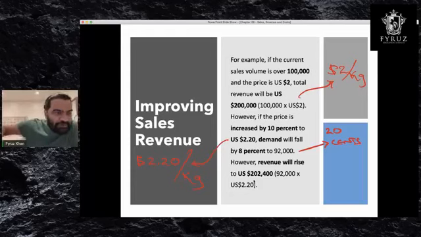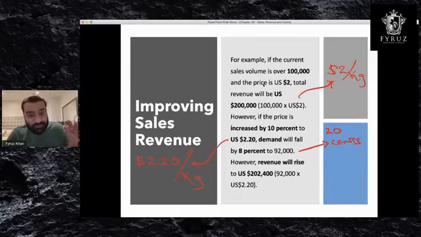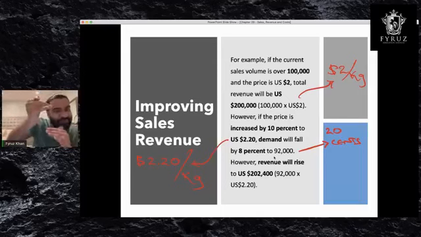Why? Because this is an essential good. We need this good to live on. So when it was $2 per kilo, there were 100,000 units sold. But since we've increased the price from $2 to $2.20, now the unit is 92,000. So the demand has fallen a little bit.